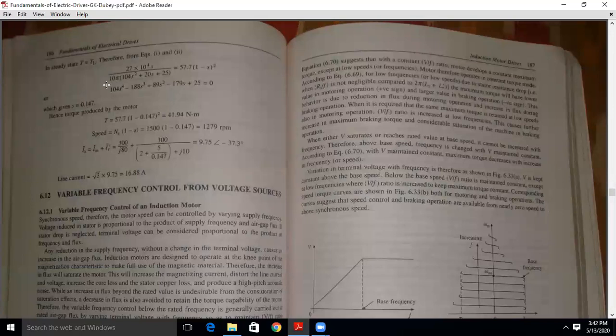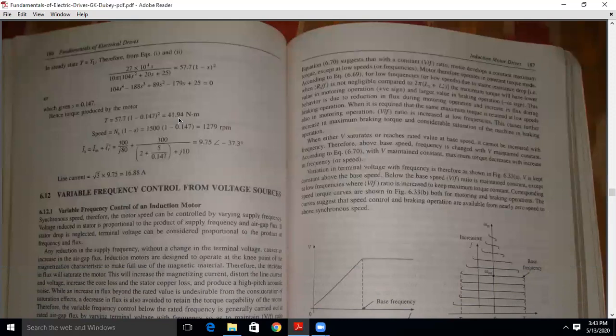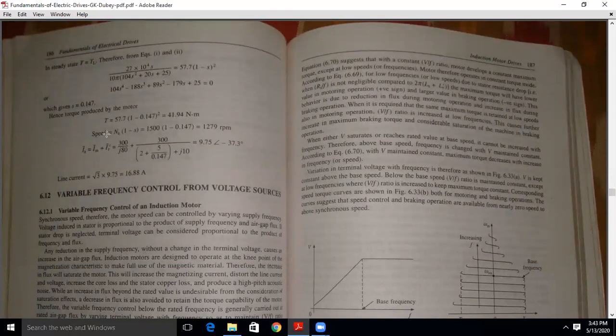Using these two equations, we calculate the value of S, which is 0.147. Hence the torque produced by the motor is T equal to 57.7 times (1 minus S) square, that is (1 minus 0.147) square, which is 41.94 Newton meter. This is the torque corresponding to 300 volts. Now speed will be ns (1 minus S), the speed corresponding to that voltage.